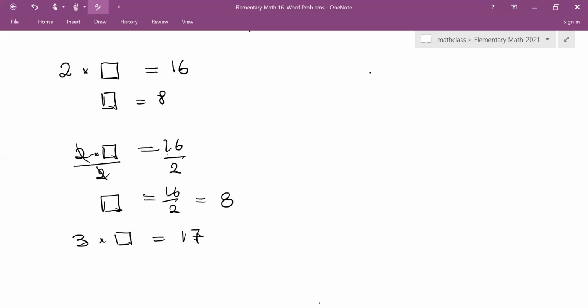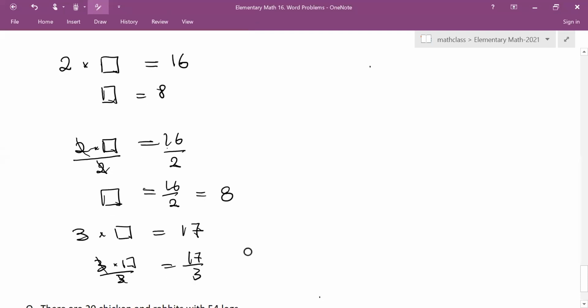There's no way. So what you can do is divide both sides by 3. The 3 on the left-hand side is gone. And then the answer is just 17/3. 17/3 is a number. So 3 times 17/3 is 17. So the solution is 17/3.